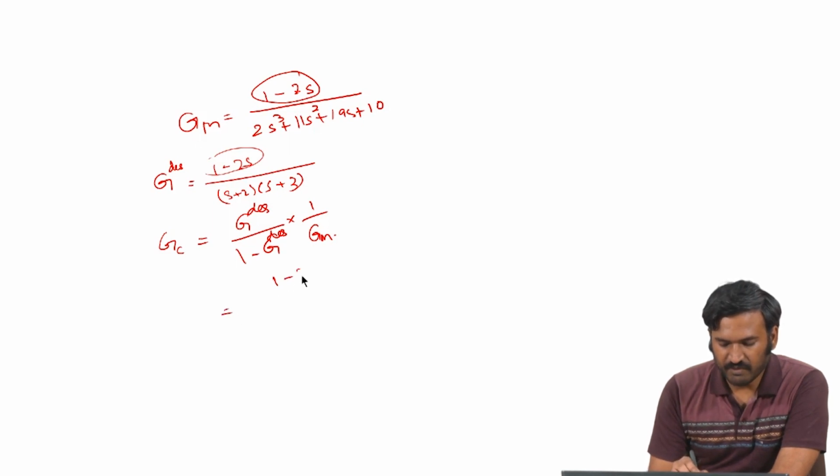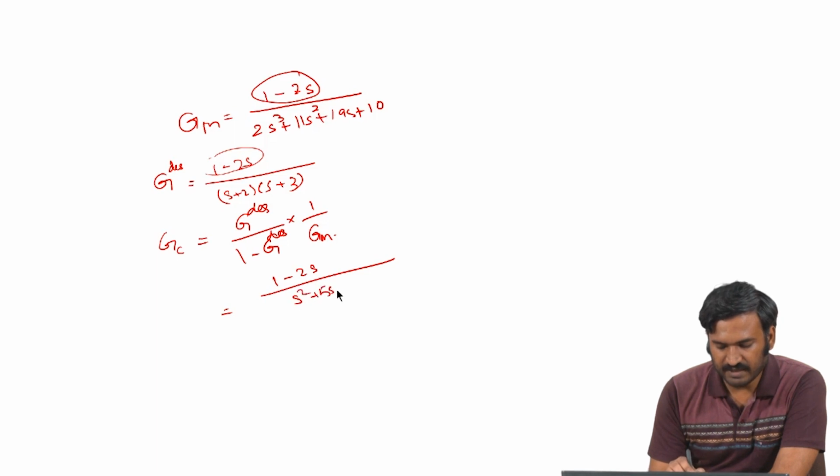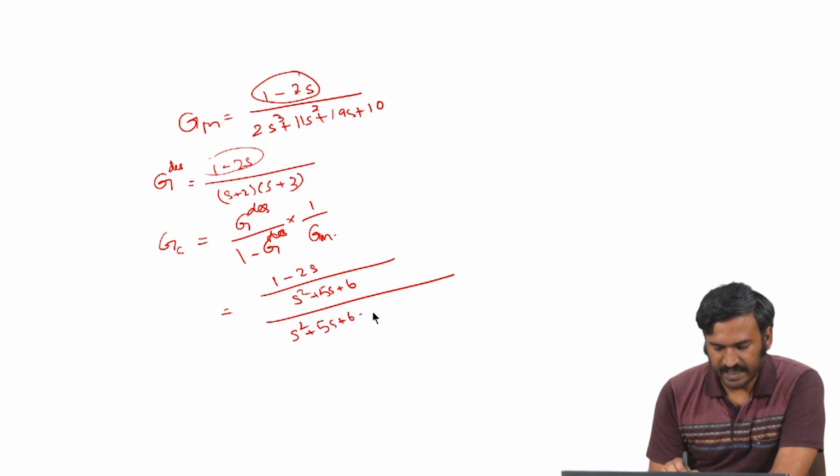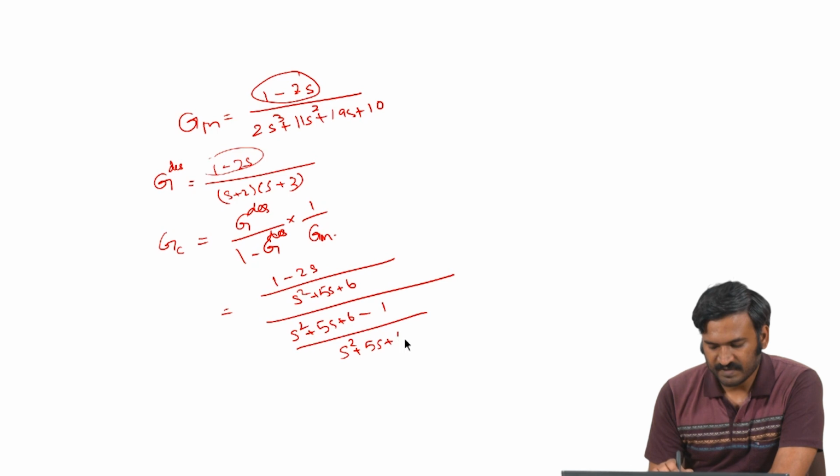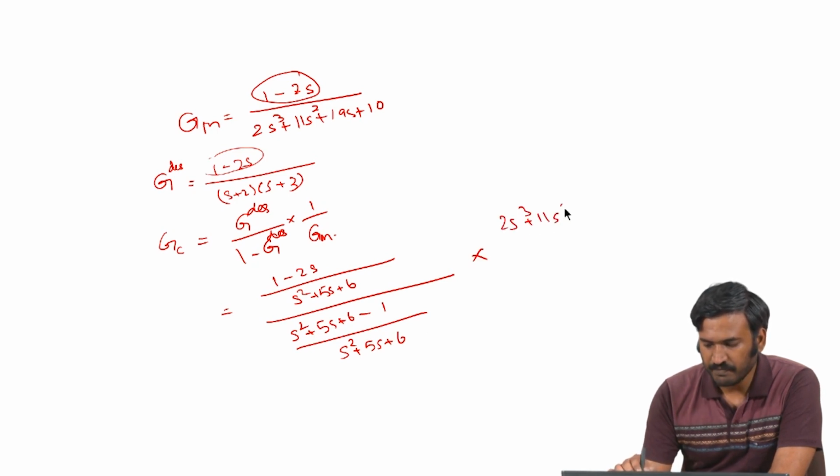You will have (1 - 2s) divided by (s^2 + 5s + 6), divided by (s^2 + 5s + 6) minus 1, divided by (s^2 + 5s + 6) into (2s^3 + 11s^2 + 19s + 10) divided by (1 - 2s).